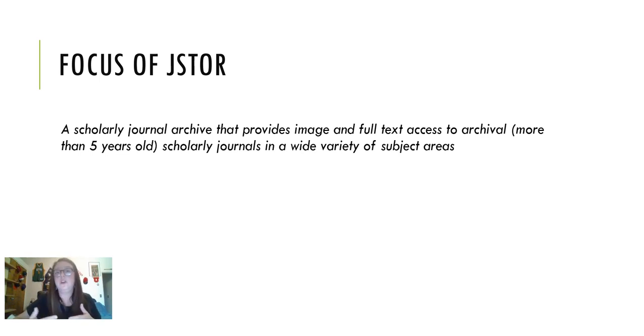So for example, if you're looking at something in education, maybe you want an article that was published in the 90s or the early 2000s. Well, there might be databases that you're working on that might not carry works that old.